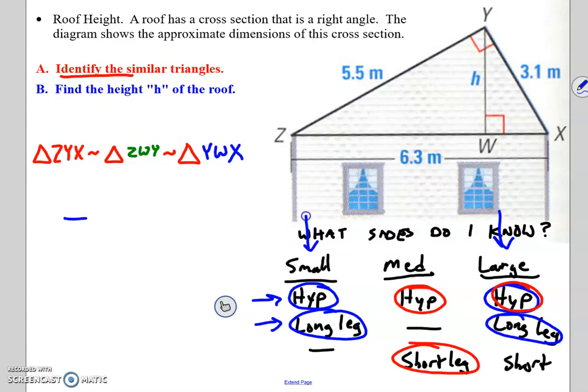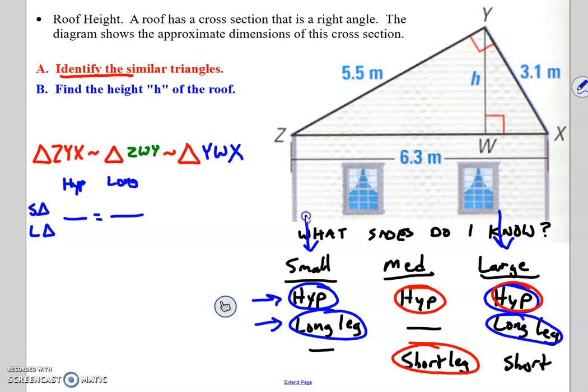Okay, so I'm just going to set up a proportion, and I will say that this is the small triangle on the top. This is going to be the large triangle on the bottom. This is going to be our hypotenuse, and this is going to be our long leg.